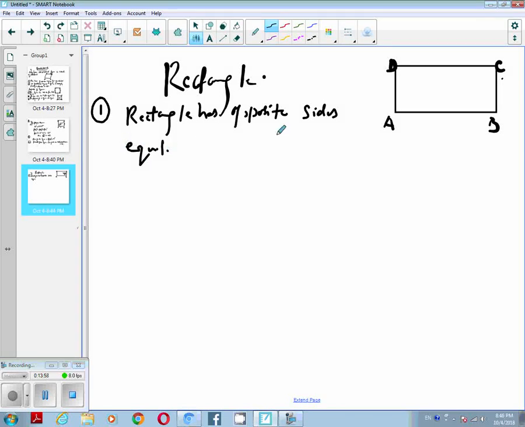Now, rectangle has opposite sides equal. That means AB is equal to CD and AD is equal to BC, like this.